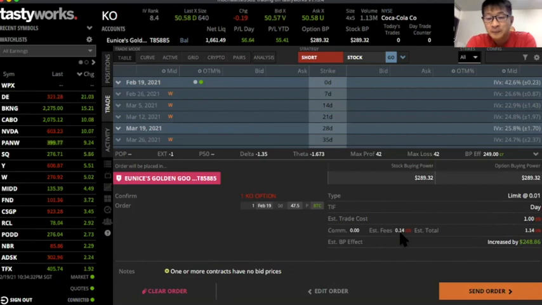I want to save this 14 cents, and I don't want to let them take my 14 cents. Because if I want to close now, you still need to pay $1 to close this position, plus again 14 cents. So in total $1.14 will be deducted from your profit.